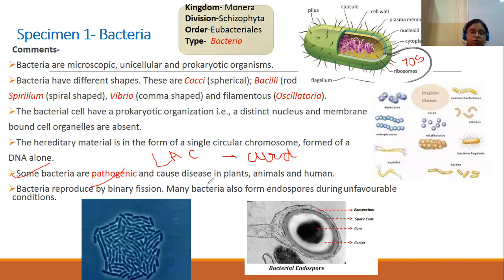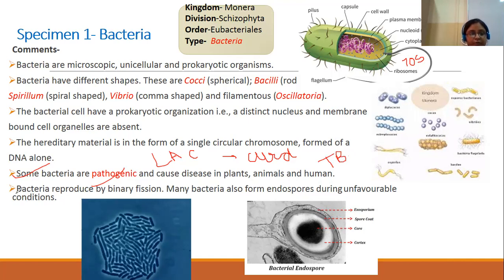This bacteria Diplococcus pneumoniae simply causes a disease in humans that we call pneumonia. Pneumonia, a lung infection. Fine. Another kind of disease caused by these bacteria is by Mycobacterium tuberculosis. This Mycobacterium tuberculosis bacteria causes tuberculosis, TB, in humans. So in this way, a variety of diseases are caused by these bacteria in humans as well as in plants and animals.